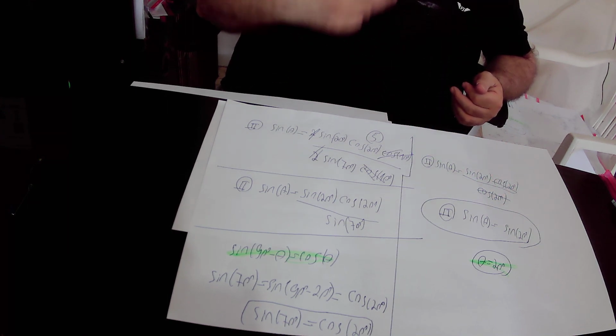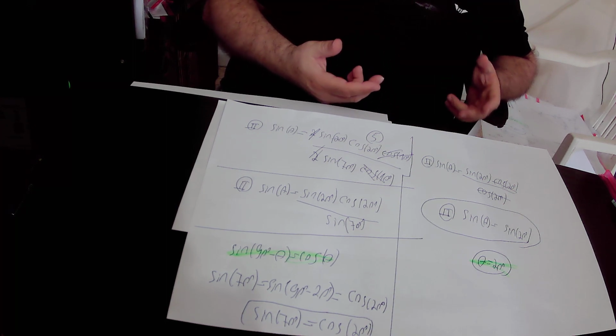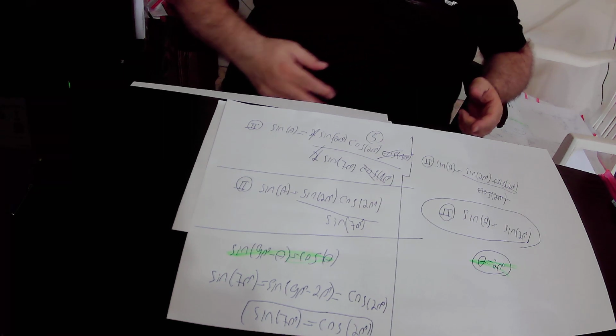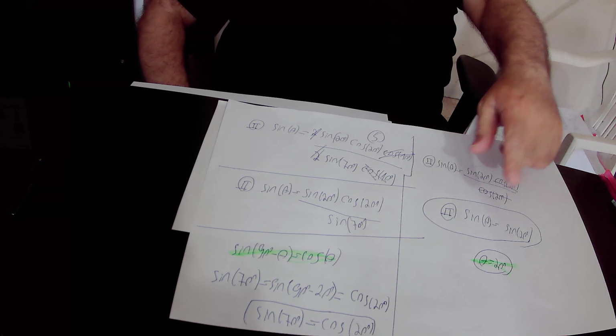And we know that if sine alpha equals sine beta, it means that alpha equals beta. So sine theta equals sine 20 degrees means that theta equals 20 degrees.